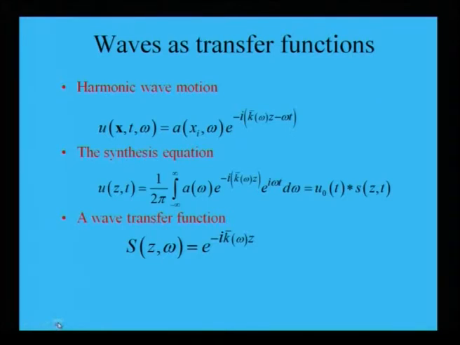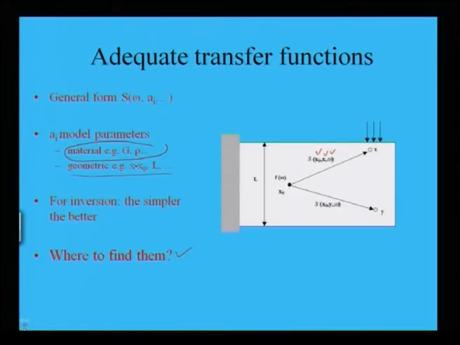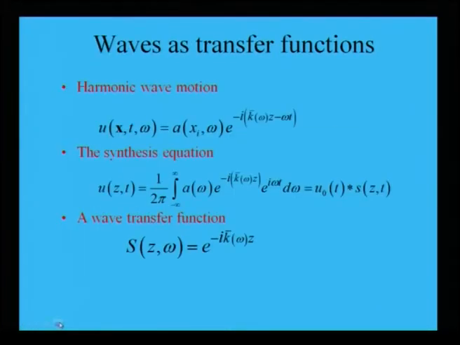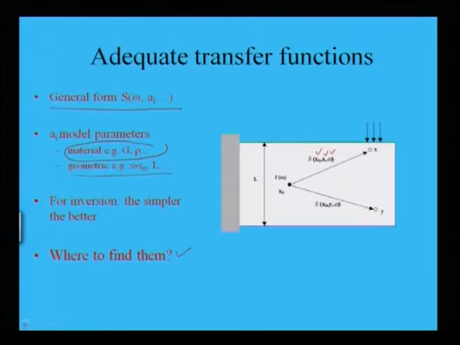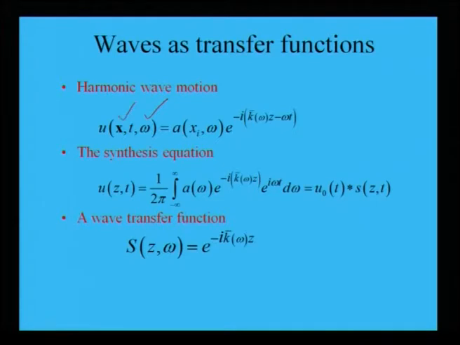A wave has transfer functions, how are you going to find them? For a harmonic wave, suppose a simple harmonic wave or any harmonic wave, u(x, t, w). Now look at x, t, w, what are the functions? It depends. W is your transfer function, x is nothing but your geometry or model parameter, and t is nothing but your time.